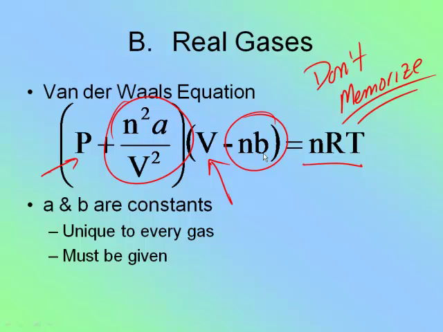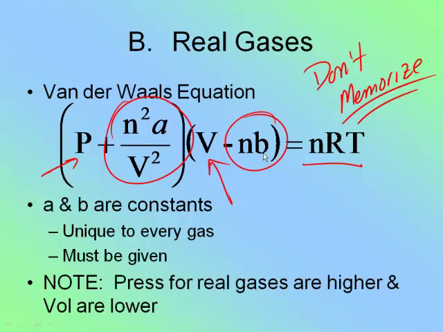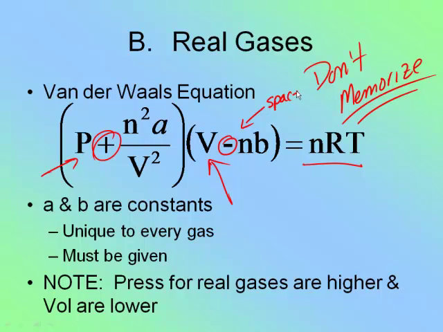So notice that pressures for real gases are going to be higher because you're adding, okay, and volumes are lower. This accounts for those spaces. This accounts for the attractive and repulsive forces.